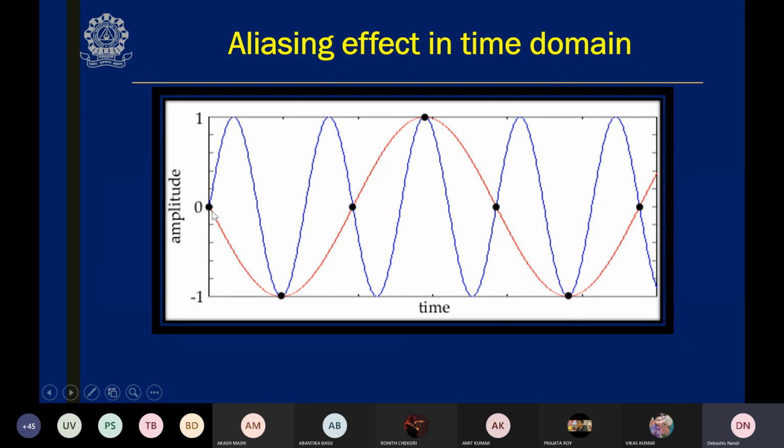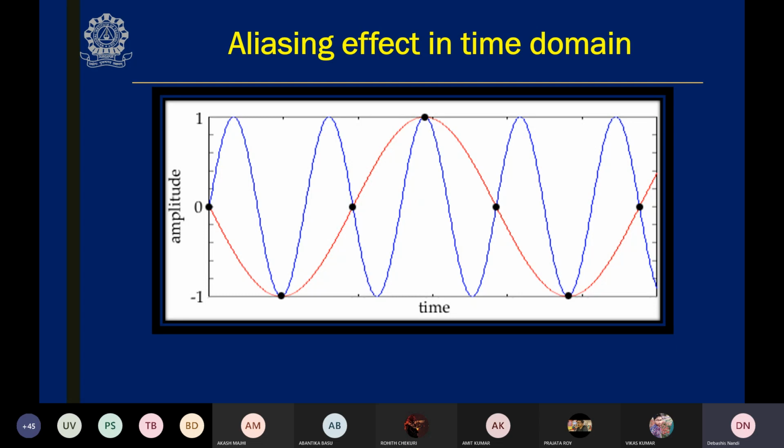This blue signal is passing through all the sample points, and at the same time the red signal is also satisfying them.